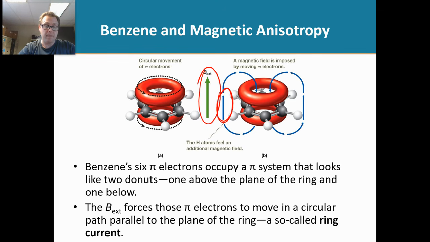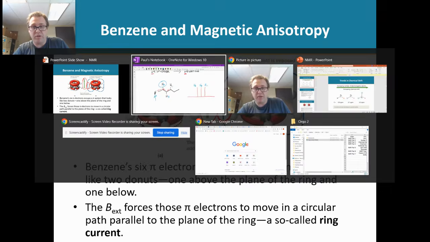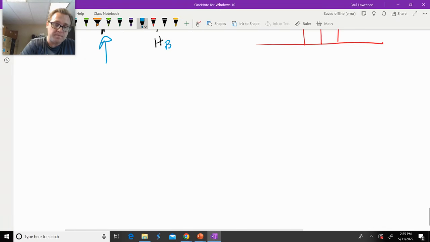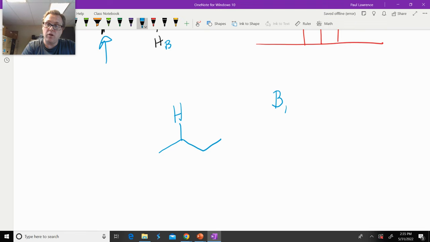magnetic field? So in the previous videos, I talked about how when you take a simple alkane and you place that into an external magnetic field, the protons are going to have a local magnetic field that is in opposition to the external magnetic field.